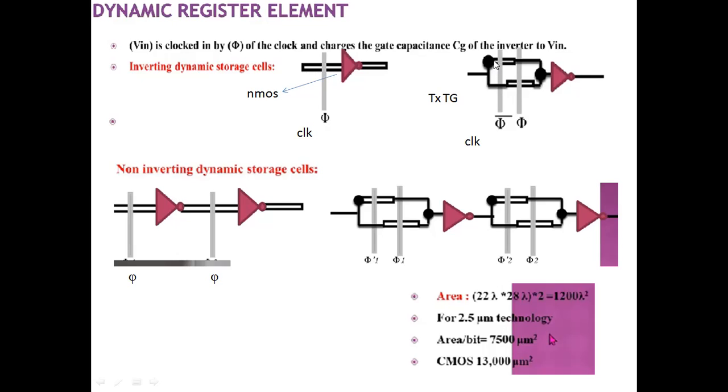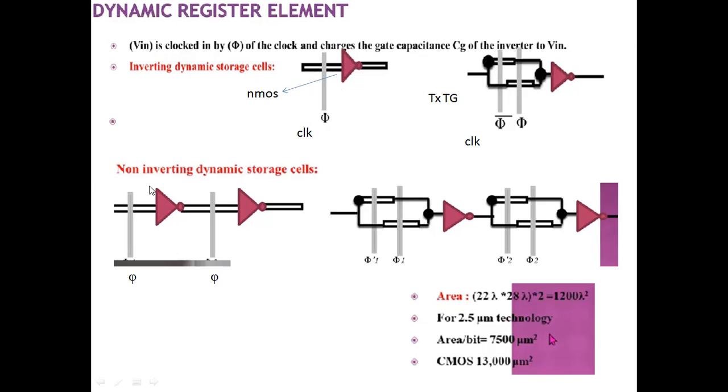We know that the transmission gate is used to solve the problem of signal degradation. Why? Because one transmission gate has the combination of both PMOS as well as NMOS. Hence a full 0 and a full 1 can be transmitted from the input point to the output point. So we can make use of a simple NMOS transistor, or I can go for the transmission gate, and this we call inverting dynamic storage cells.